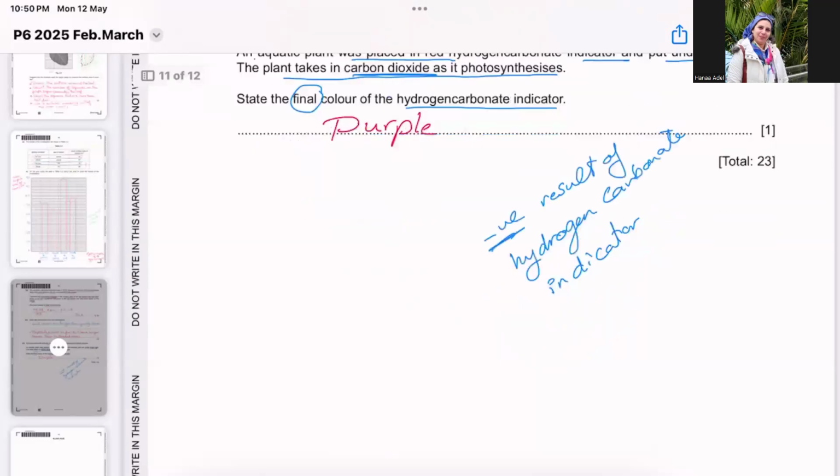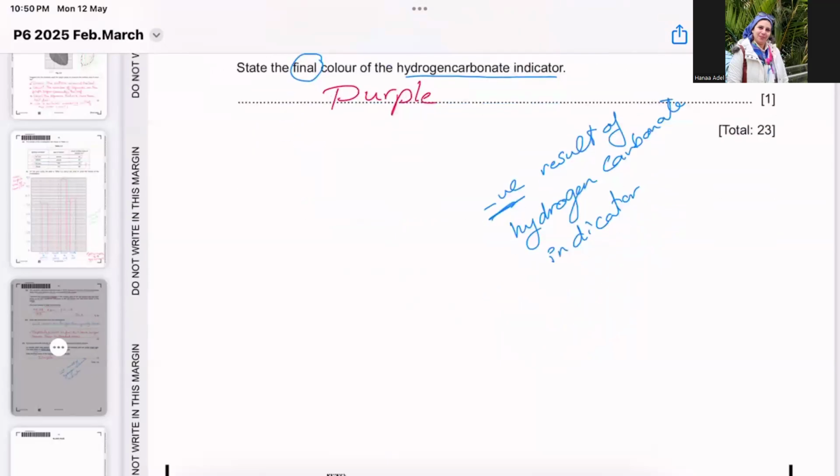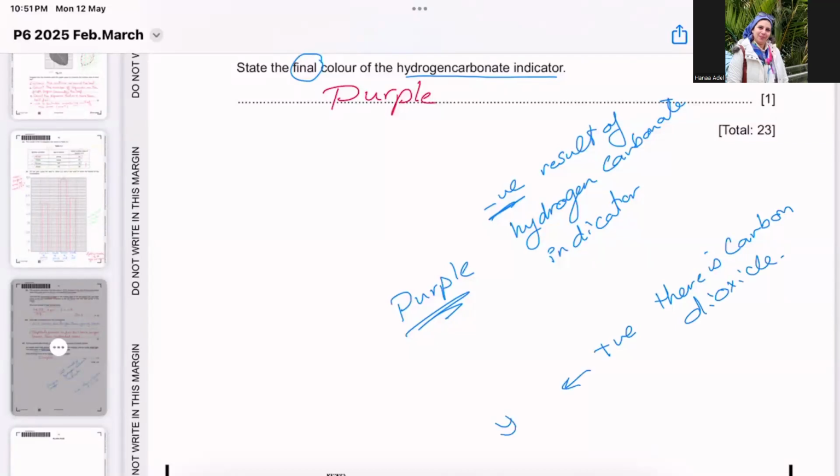We know that the positive result of hydrogen carbonate indicator is yellow. What about the negative? It is purple. So the negative result of hydrogen carbonate indicator will be purple. If another question asks about the positive, it means there is carbon dioxide, so the color will be yellow.